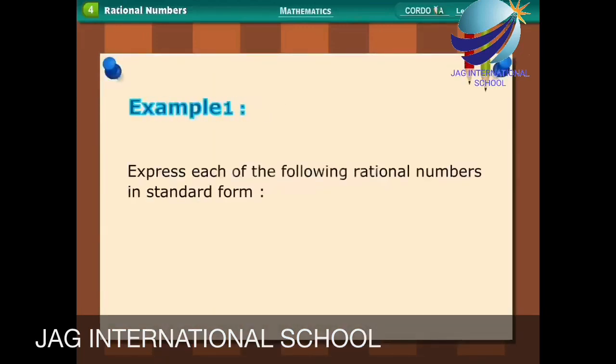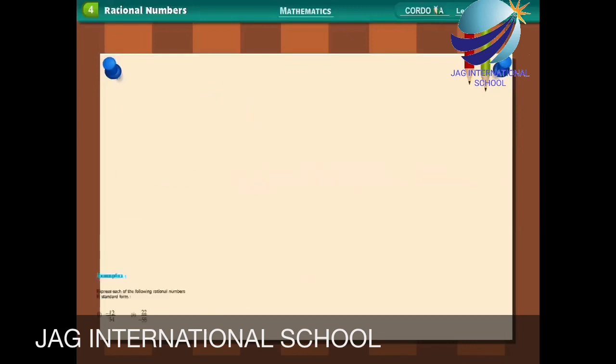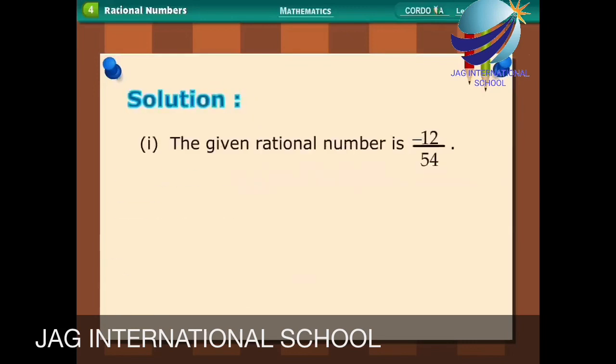Example 1. Express each of the following rational numbers in standard form: -12 upon 54, 22 upon -55. Solution. The given rational number is -12 upon 54.